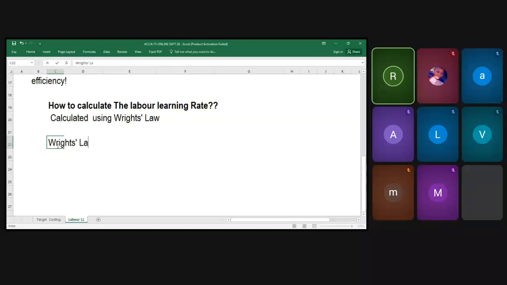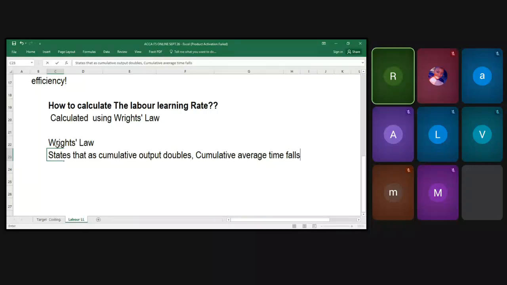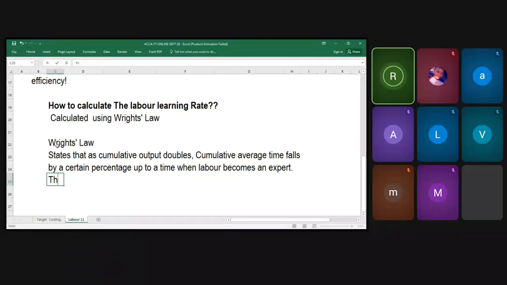Wright's law states that as cumulative output doubles, cumulative average time falls by a certain percentage, up to a time when labor becomes an expert.